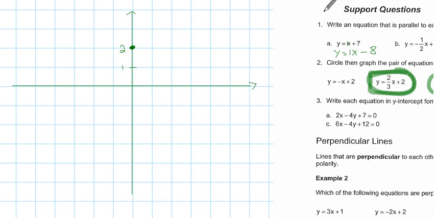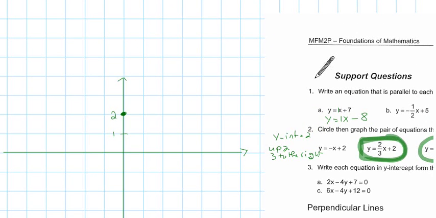So if you look at this, your y-intercept is 2. And then your slope says you're going to go up 2, 3 to the right. Because that's your rise over your run. Okay? You guys remember this? So if I go up 1, 2, and I go 1, 2, 3. Okay?